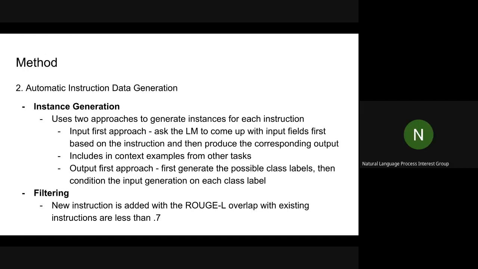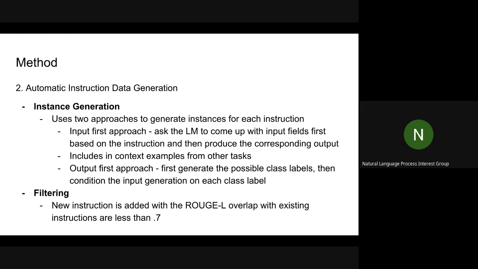Okay, so pretty straightforward, nothing fancy. Cool. And as I mentioned, they use two different approaches to generate this for each instruction. The input-first approach asks the LM to come up with input fields based on the instruction and then produce the corresponding output, including in-context examples from other tasks.